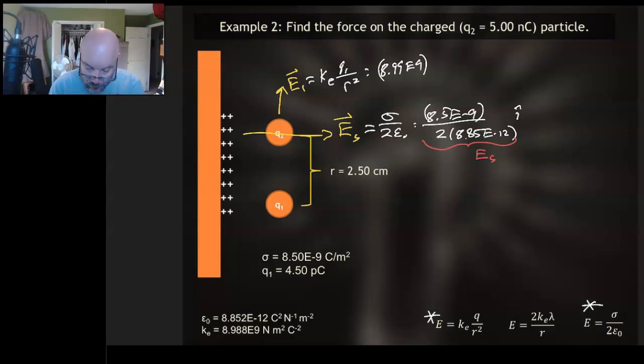And our R is 2.5 centimeters. Remember, it has to be in meters, so be careful with that: 0.025 squared, and then the value for Q1. Notice it says pico, so that's 10 to the minus 12.